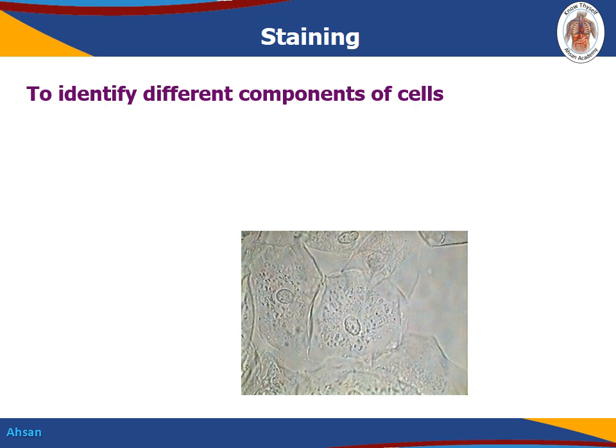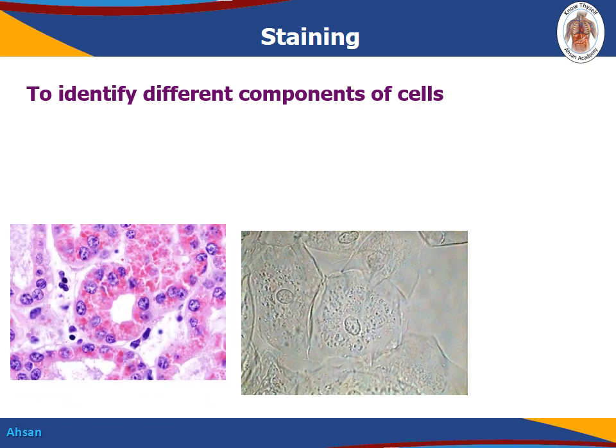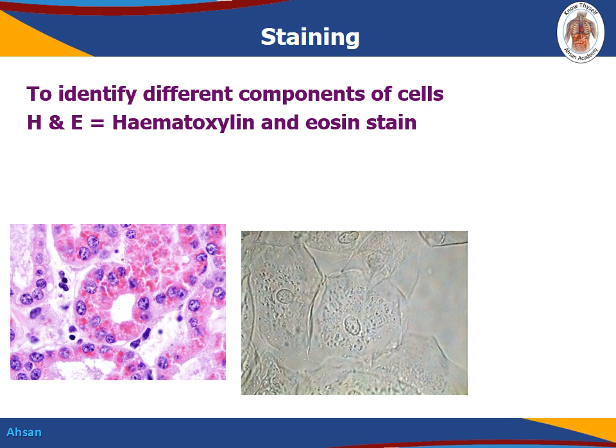This helps in identifying the different components of the cell. You can see we can differentiate the nucleus from the cytoplasm. The cytoplasm can also contain some areas which are lightly stained and some relatively darkly stained. In this way, because of the different staining, we can differentiate the different types of cells, different components of the same cells, and so on.